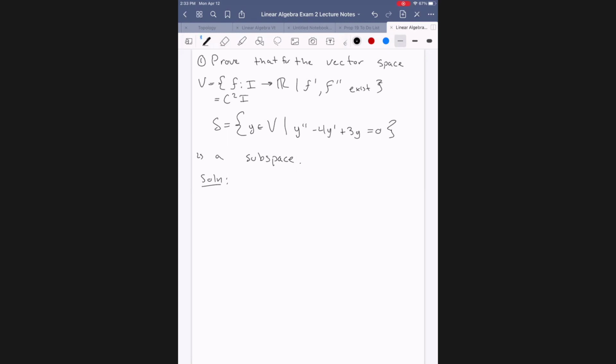What do we consider to be the zero vector for continuous functions? Yeah, exactly. The function f of x equals 0, right? I mean, that's a function, right? The function f of x equals 0 would be considered the zero vector.